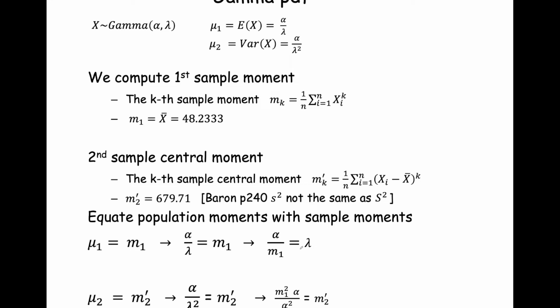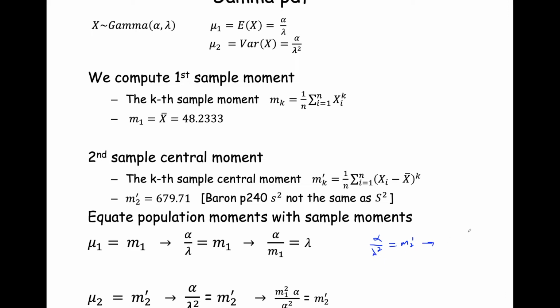Well, we started out with lambda equals alpha over m1. So if we had alpha for the second equation over lambda squared is equal to m2 prime, well, we substitute this alpha over m1 for lambda.